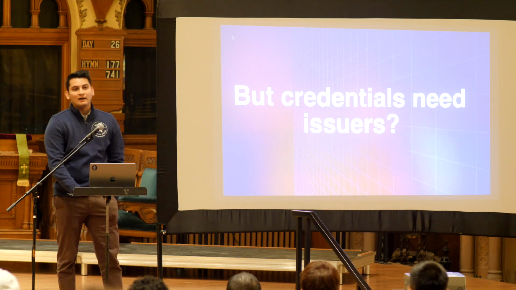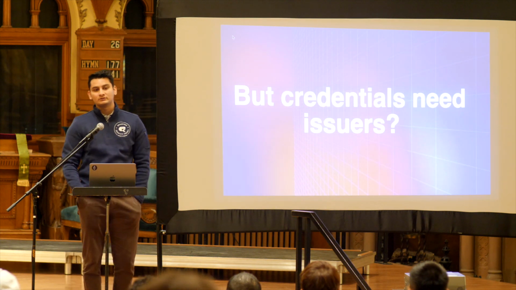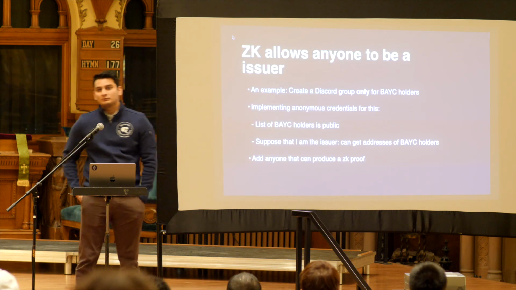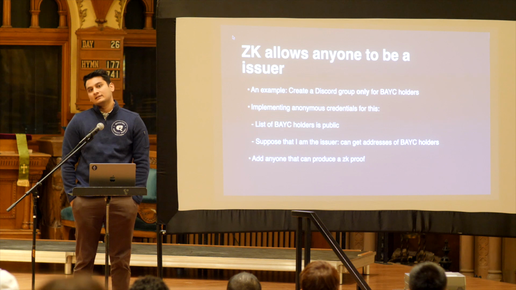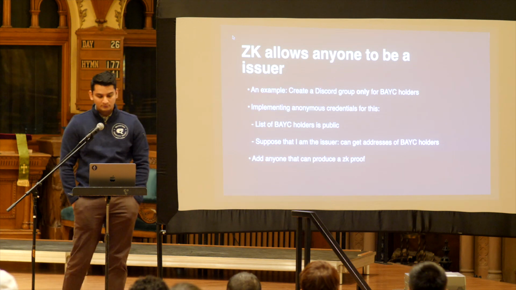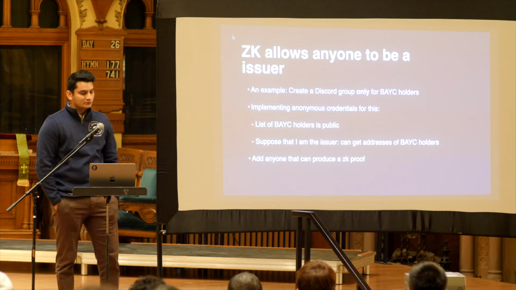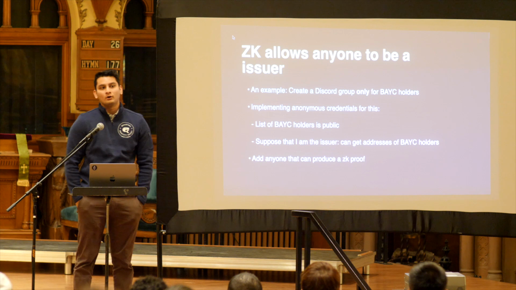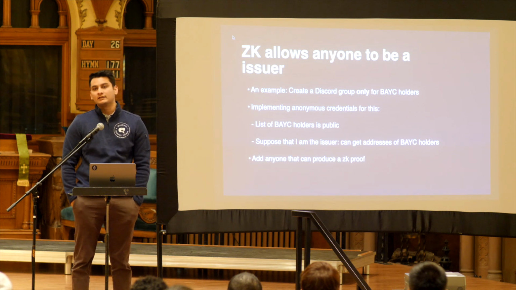So how do we have any type of issuers in the blockchain world, right? Zero-knowledge proofs allow this nice property that anyone can now be an issuer, right? I'm going to walk through an example to talk about this. Imagine that you're trying to create a Discord group for all the holders of a particular NFT collection, right?